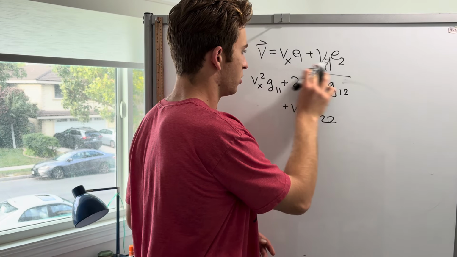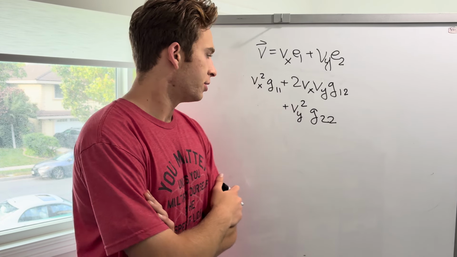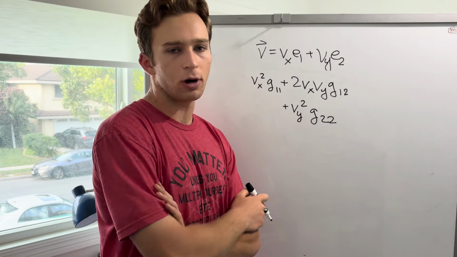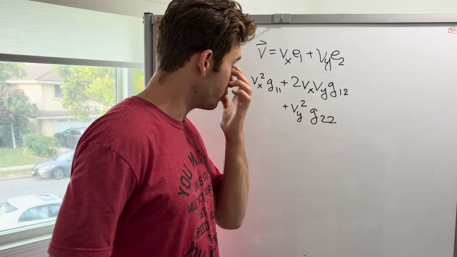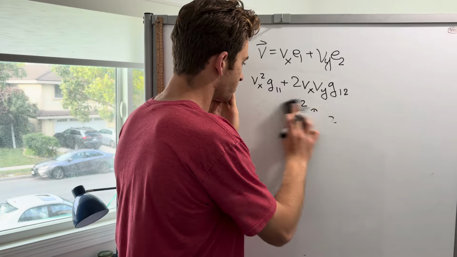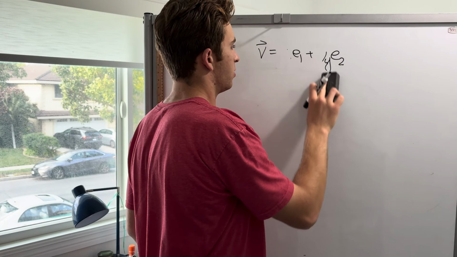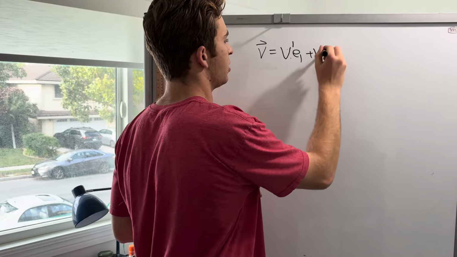But we're going to go a step further, and we're going to do a little bit of a notation change. I've been calling these components Vx and Vy, but I'm going to shift, and I'm actually going to call them V1 and V2.